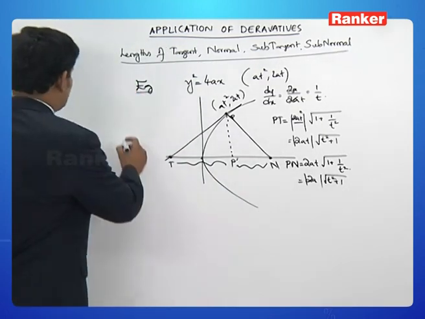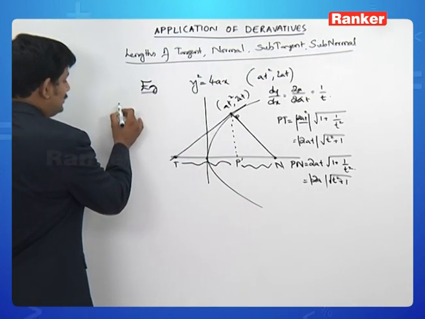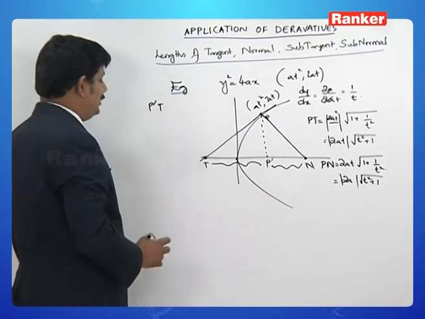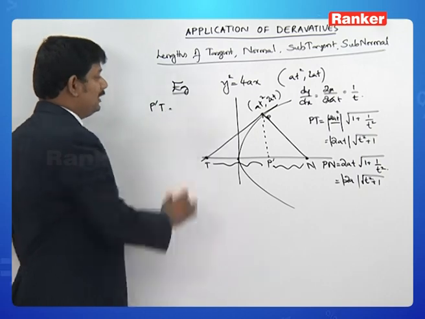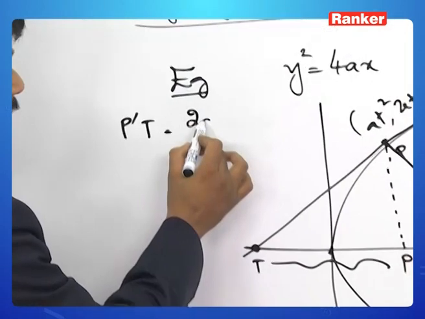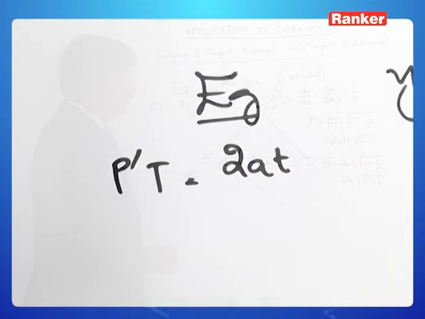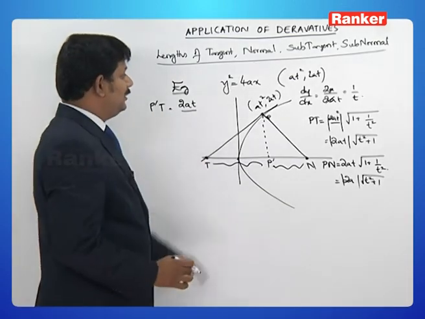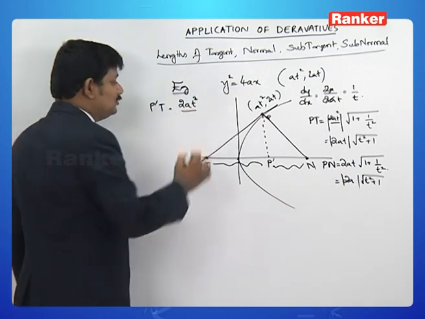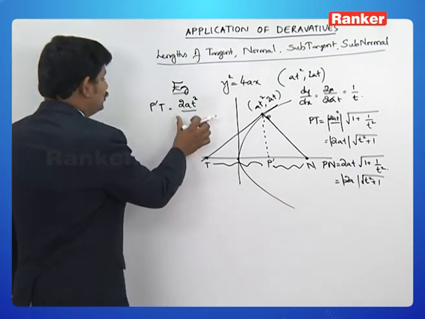Let us find length of the subtangent. Subtangent, it is P dash T, this length is the subtangent. P dash T is given by y1 by m, which is 2at is y1 by m, dy by dx, we got it to be 1 by t. So, 1 by t, t goes into the numerator to become 2at square.